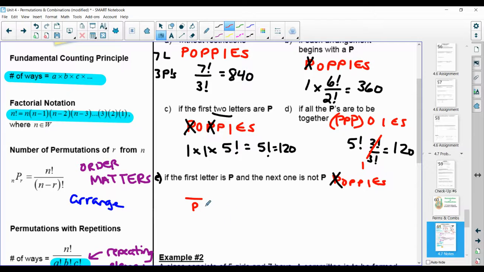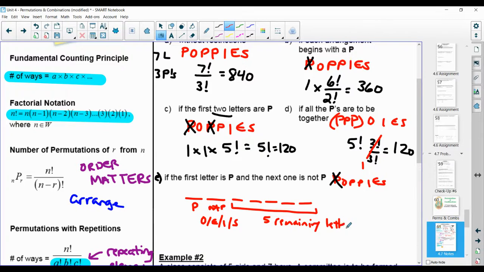And then we have not a P. So that means we have to have an O, an E, an I, or an S. And then that leaves us with 5 remaining letters. So these here would be the 5 remaining letters. Now, of those 5 remaining letters, we have 2 P's, so we have to consider there's still some repeats there.